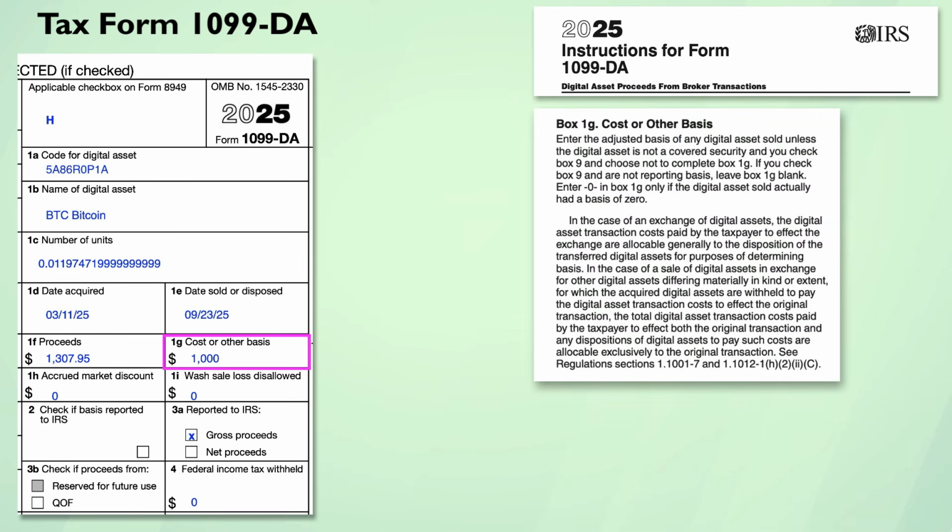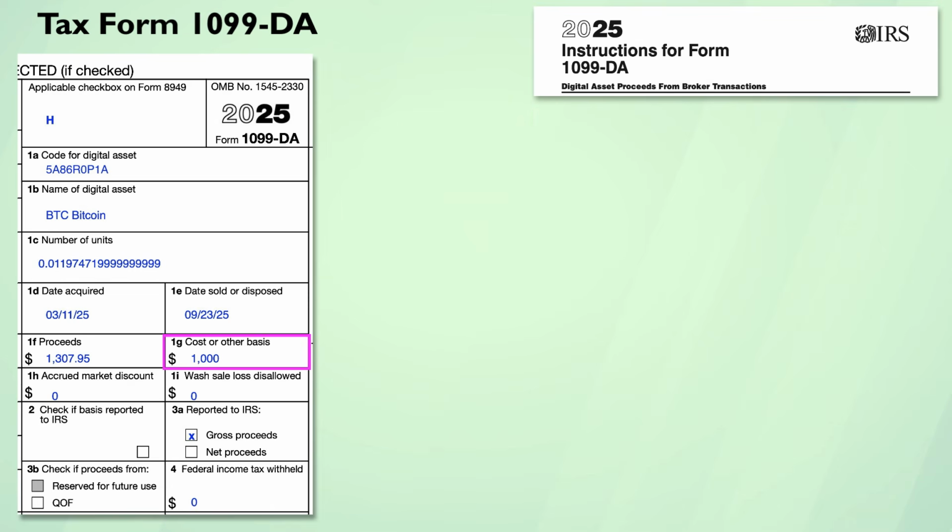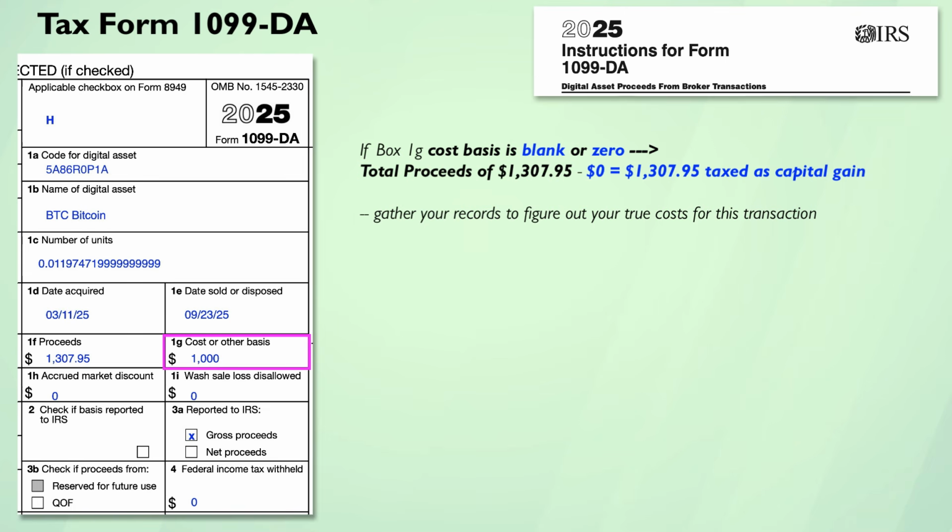Cost basis information is shown in Box 1G. However, for tax year 2025, this box may be blank because brokers are not yet required to report cost basis. If your cost basis is missing or shown as 0, the IRS expects you to track it yourself.